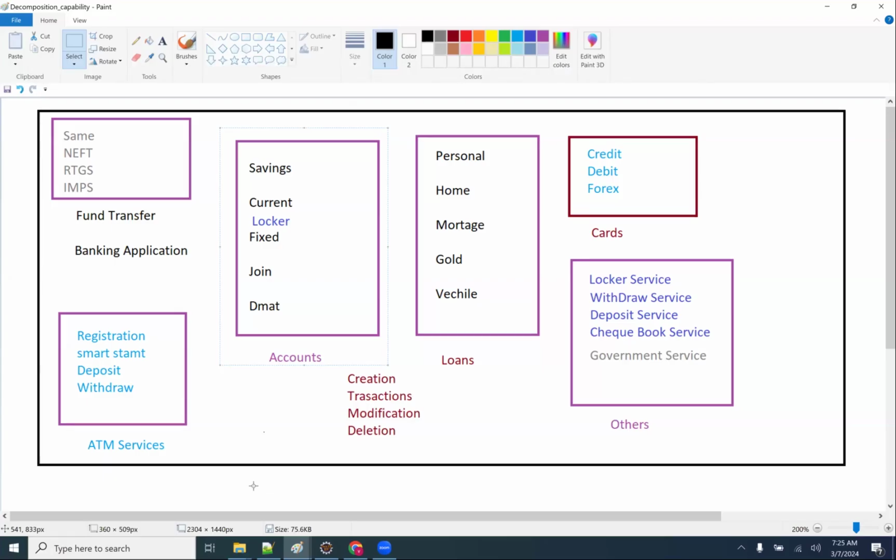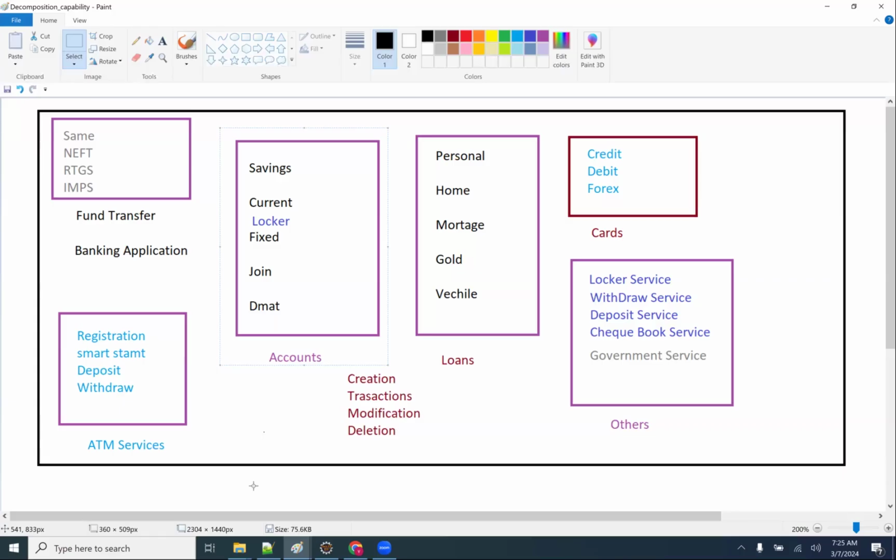Any other thoughts? So what is the point, sir? Savings account, current account. Is there any possibility that account opening for savings account has almost the same functionality as the current account?